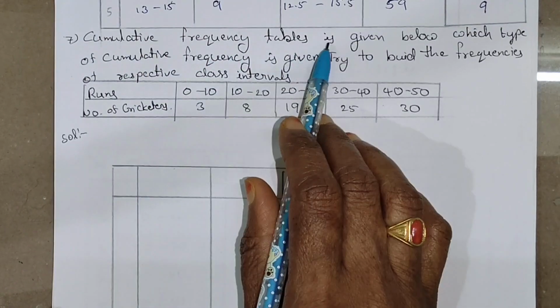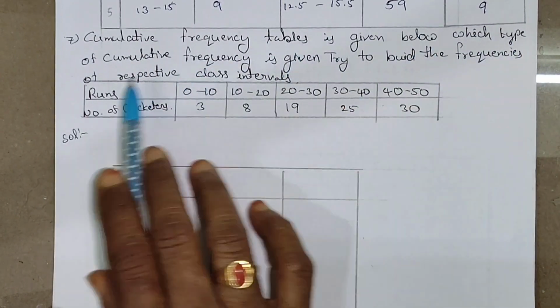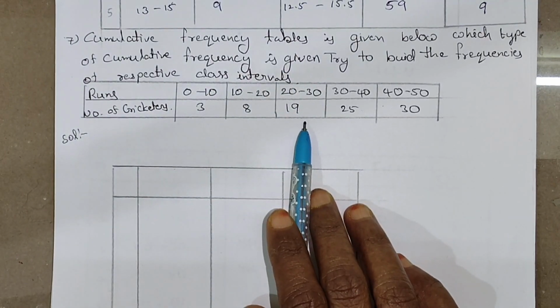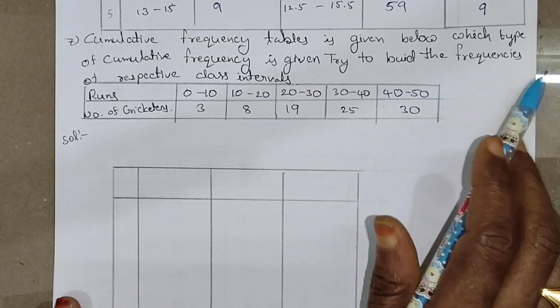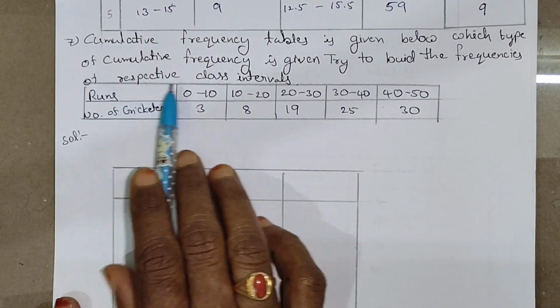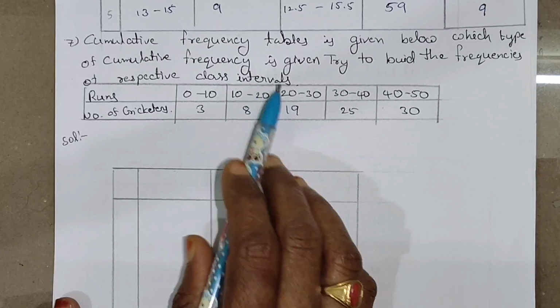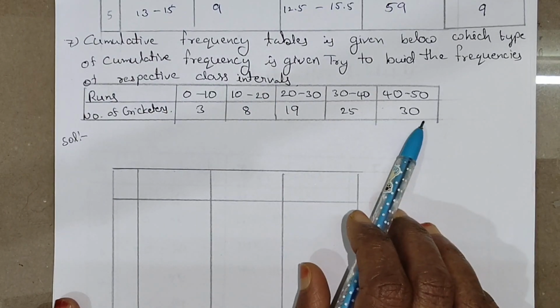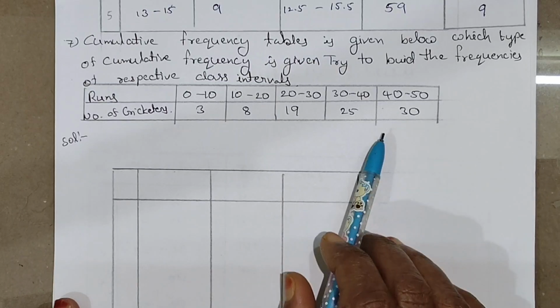The cumulative frequency table is given below. Which type of cumulative frequency is given? Observe this one: less than cumulative frequency or greater than cumulative frequency? Build the frequency of the respective class intervals. First we observe this is an increasing series: 3, 9, 19, 25, 30. Increasing means less than cumulative frequency.